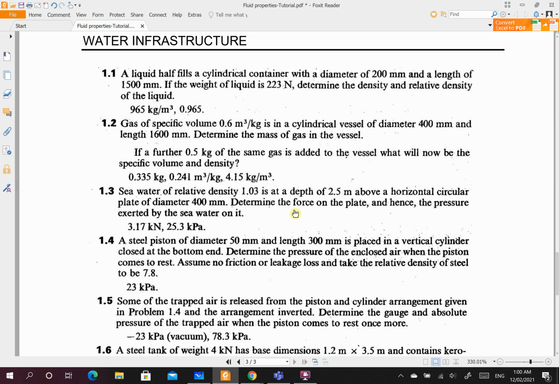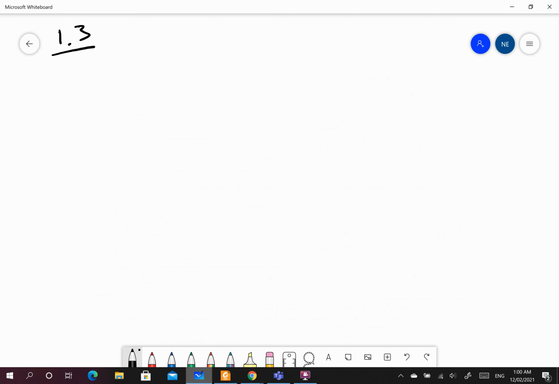Determine the force on the plate, hence the pressure exerted by the seawater. So as soon as we see force, alright, F equals ma, or W equals mg. And once we've got pressure, it is P is F on A, so the force over area. So what do we know?